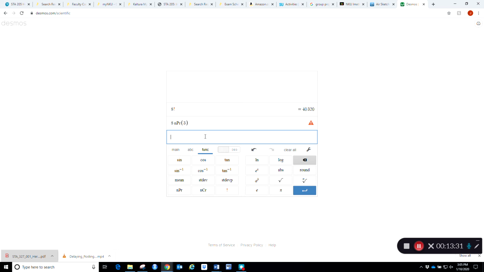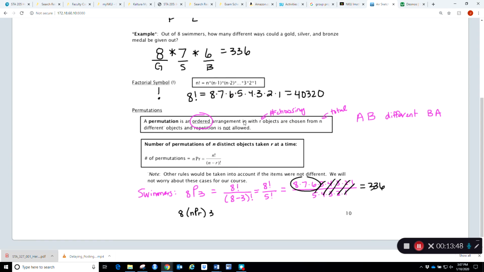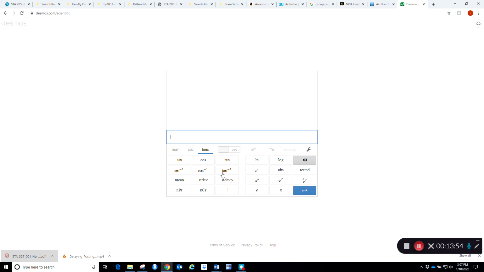This one's acting a little bit different, so in this calculator we do have to enter it a little differently. But again, in yours, generally you hit 8 first, then the NPR key, and then 3. Here I'm just going to show you that we get the same thing. And you see that we do get that 336.